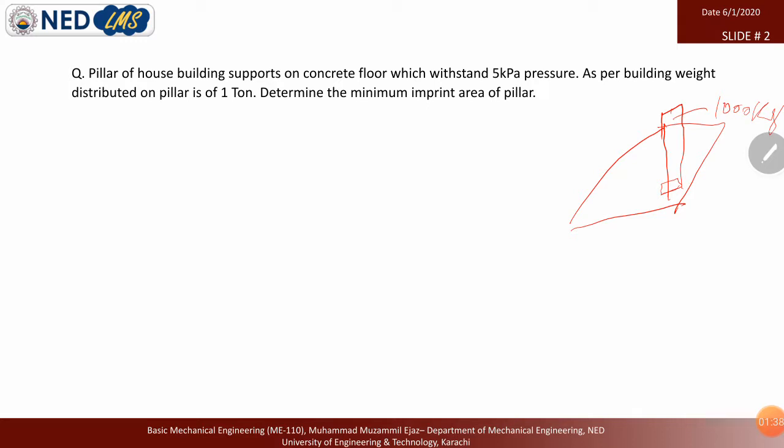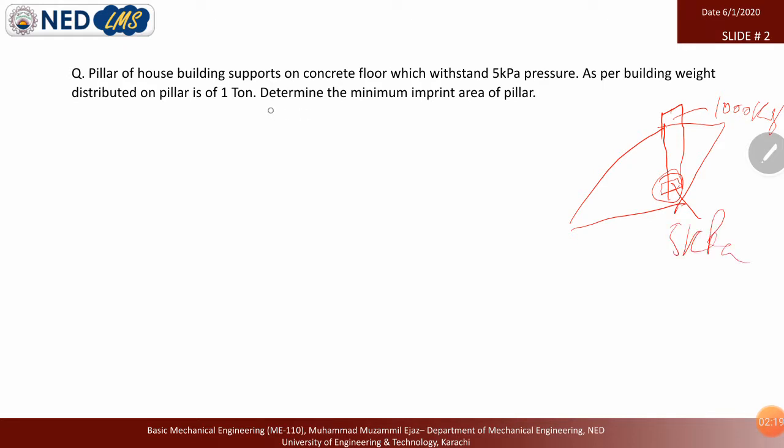In the same way, this question is related to building construction, in which the question tells us that a concrete floor of a building can withstand 5 kilopascal of pressure. As per the building weight, the load distributed on the pillar is 1 ton. I just drew this concrete slab or concrete floor on which the pillar needs to stand, but the pressure which this concrete floor withstands is 5 kilopascal.